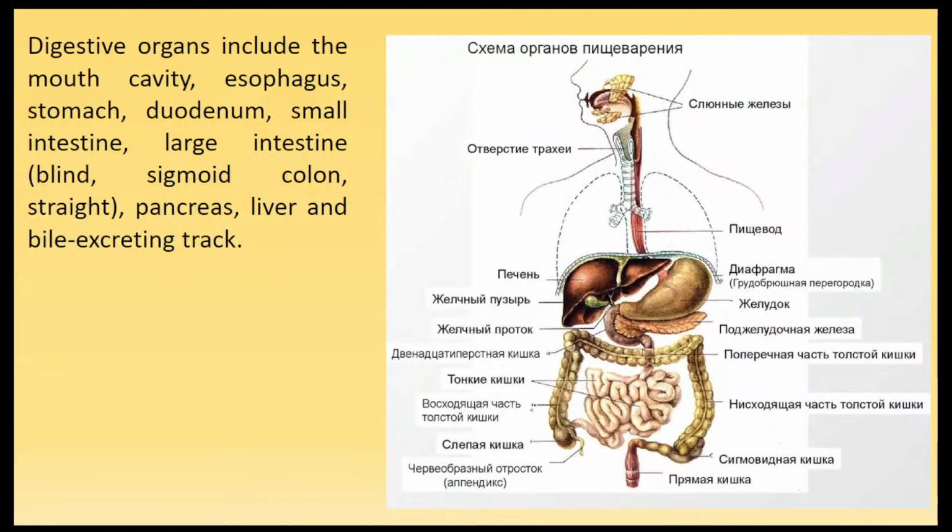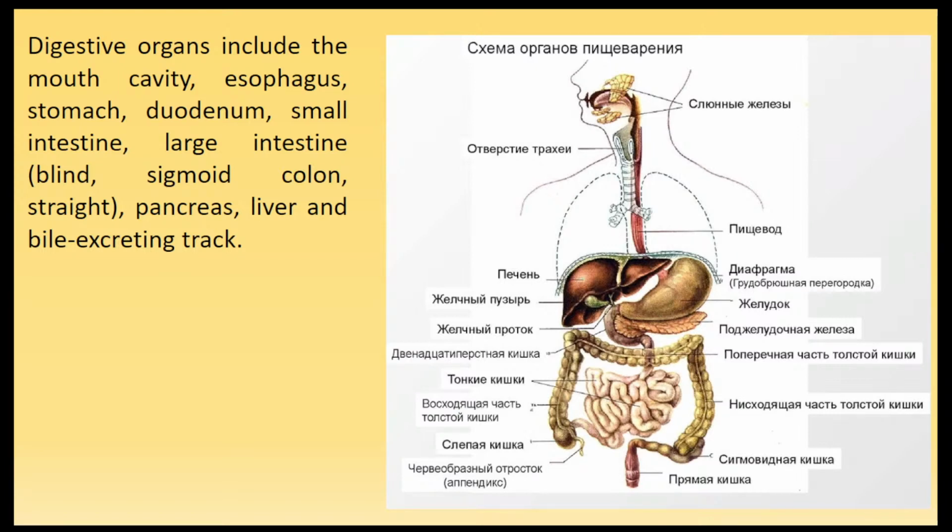Digestive system. The digestive system is one of the main important systems in the human body, and this system has many functions, main functions for health and in general for life.